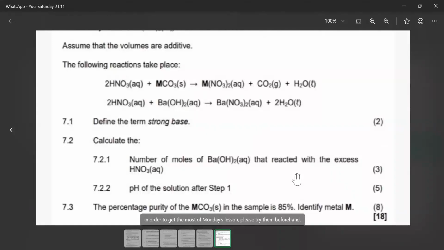Well, it's very easy. In order for us to find the molar mass, we need to know the mass of this metal carbonate in this entire sample first. And how can we find that mass? Well, we are going to find that mass by using this 85% percentage purity. I think that's where we can begin firstly. So let's go ahead and do that.